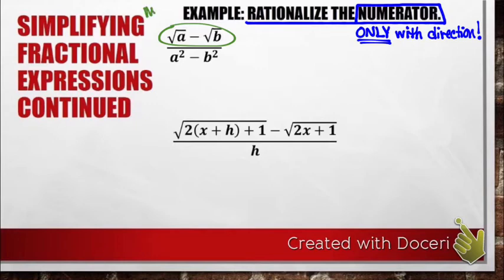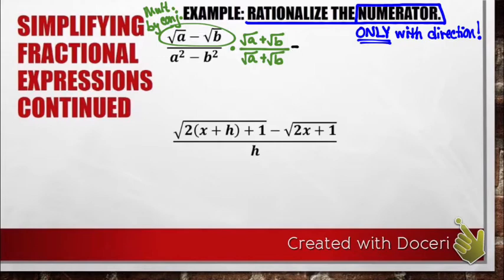Yes, we are going to multiply by the conjugate. So what will the conjugate for this be? Radical A plus radical B. Top and bottom. Why does it have to be the same top and bottom? Because that fraction reduces to 1, so I'm multiplying by the equivalent of 1.